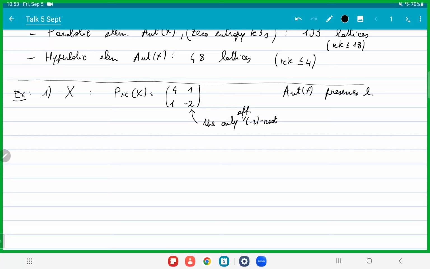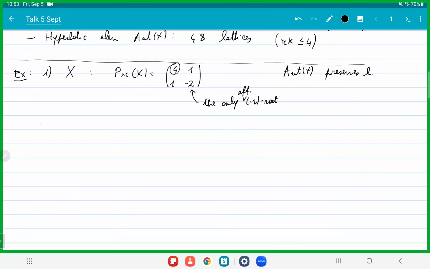But then if it preserves the line, it also must preserve the hyperplane class, because there's no other class of square 4 that meets the line at one point. And so Aut(X) acts trivially on the Picard group, and so Aut(X) is finite.